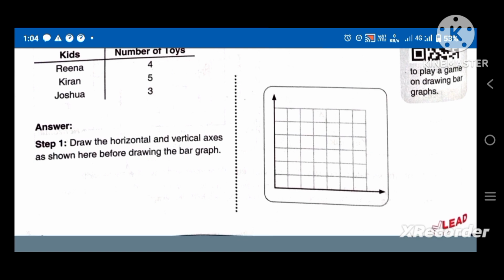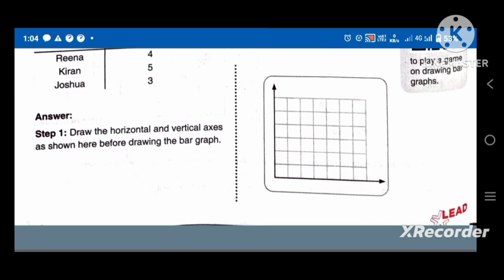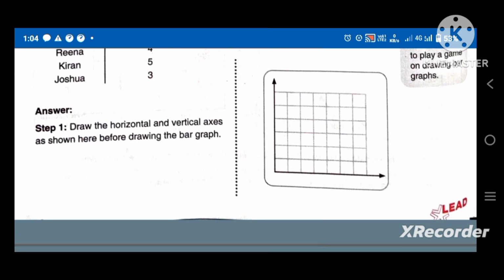Answer: Step 1. Draw the horizontal and vertical axis as shown here before drawing the bar graph.